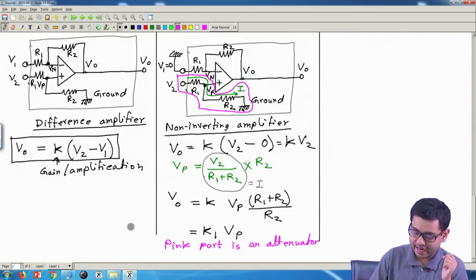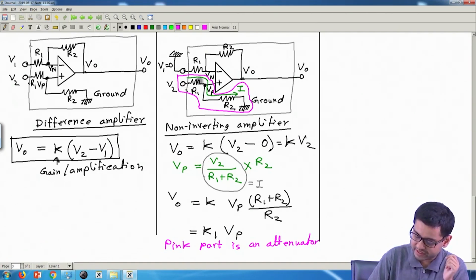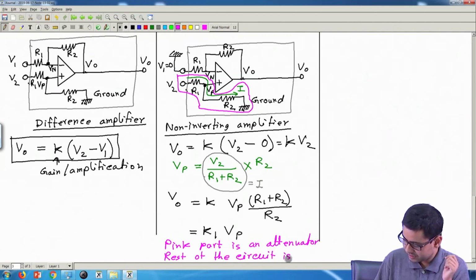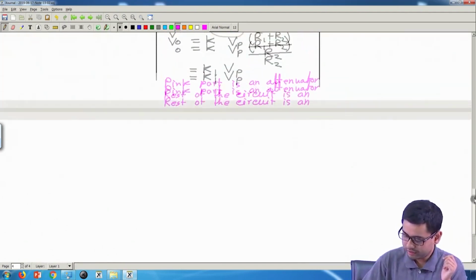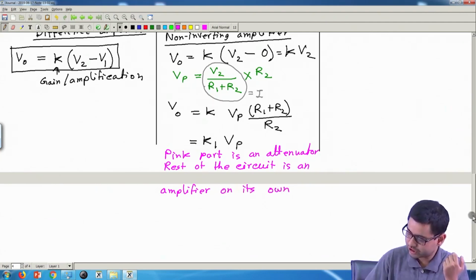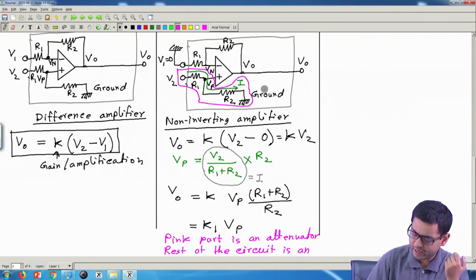So we can say that the input voltage is first getting attenuated and then getting amplified by the rest of the circuit. So the rest of the circuit is an amplifier on its own.